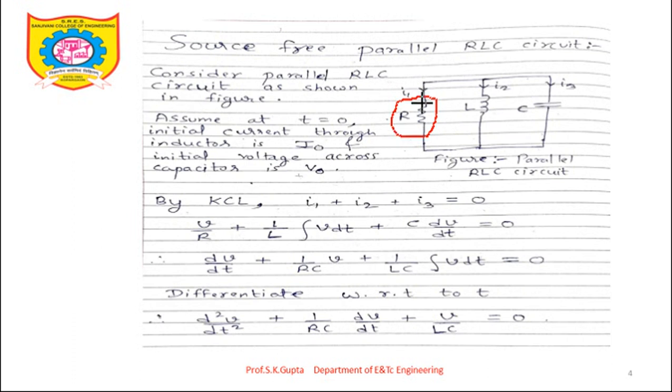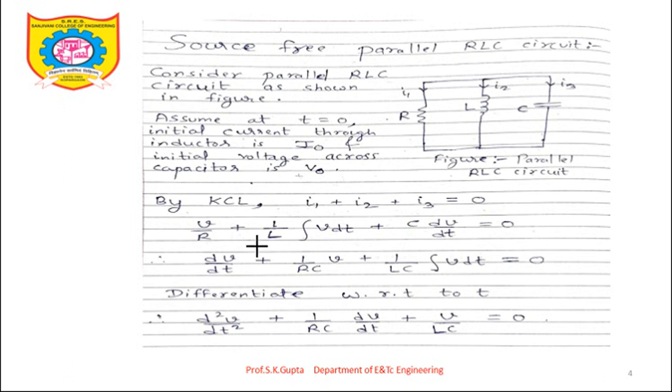So current through resistor is V by R, plus current through inductor is 1 by L integration V dt, plus current through capacitor is C times dV by dt. These are the basic equations for current through resistor, inductor and capacitor.